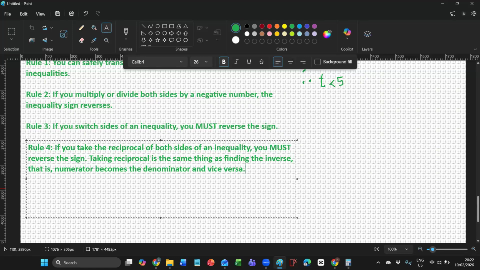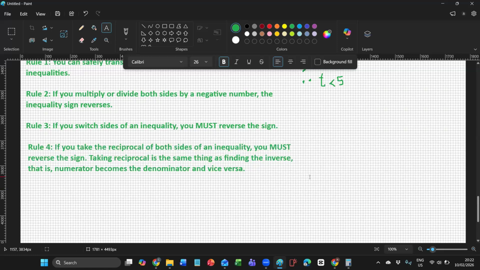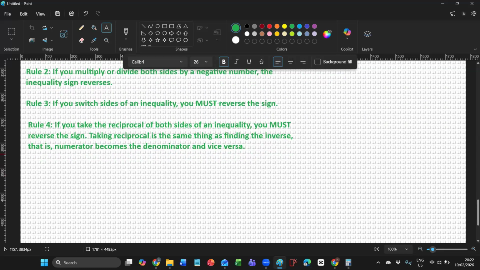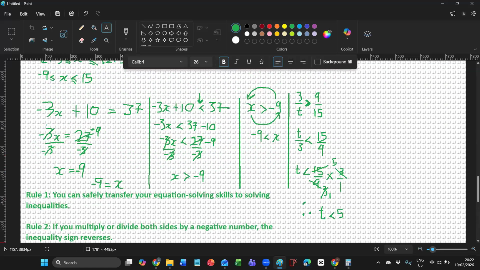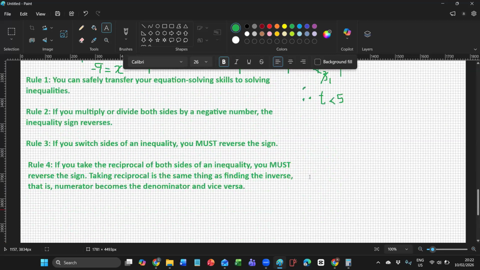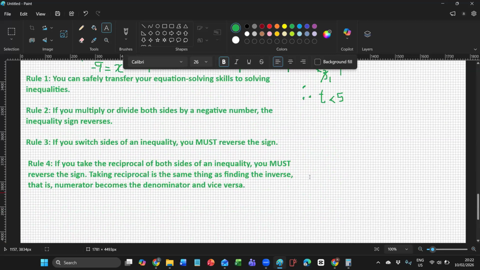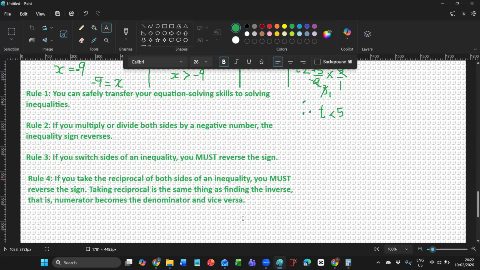I wanted to save some time back there. So these are just the rules. I'll leave it at this. When we have another opportunity to solve more questions with inequalities, we'll see these rules coming out and properly apply them.